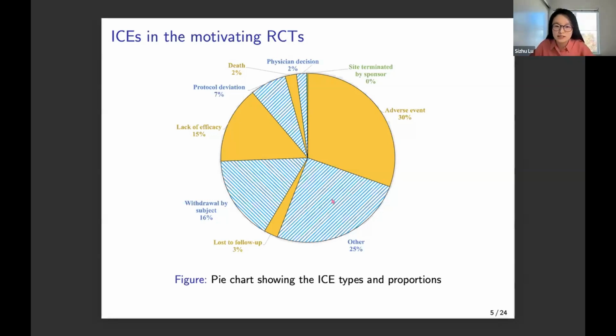For discontinuations, some of them had protocol deviations, like they got pregnant, and those types of events that we believe are not related to the treatment effect, we classify as uninformative. Versus other cases like a severe adverse event and then discontinuing, that type of intercurrent event we classify as informative. Sounds good.